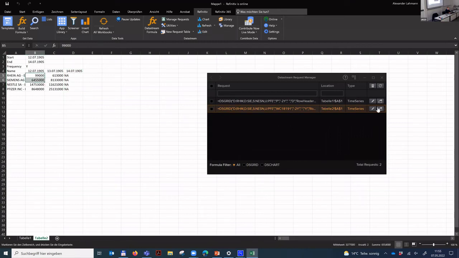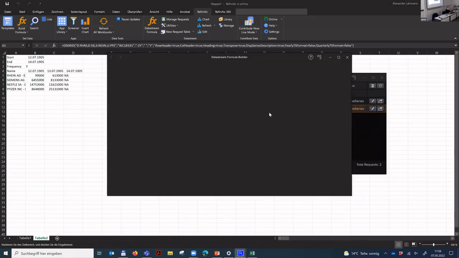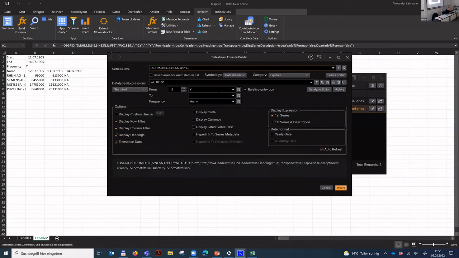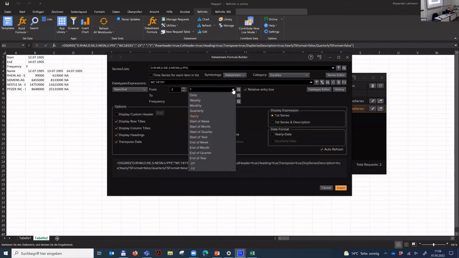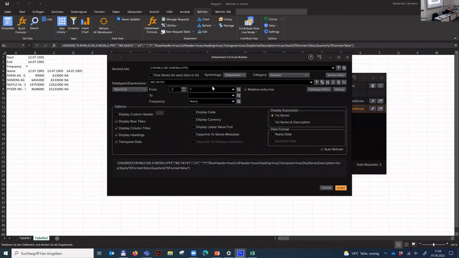I could even, let me go on the time series, I could build in 2009 to 2021.